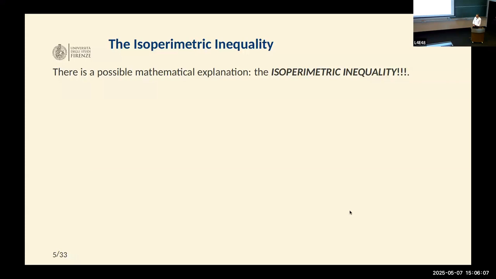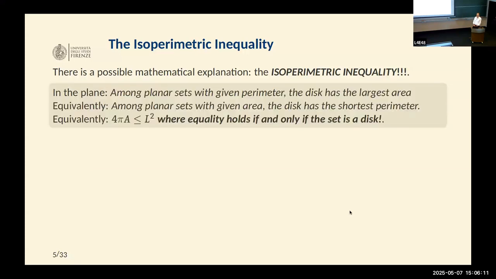So that is the subject of this talk. What is the isoperimetric inequality? In the plane, it is very simple. It says that among planar sets, all the possible sets, but then I will say something more later, among all the possible sets in R2 with a given perimeter, the disk is the one which has the largest area.